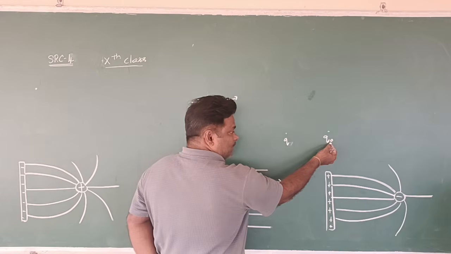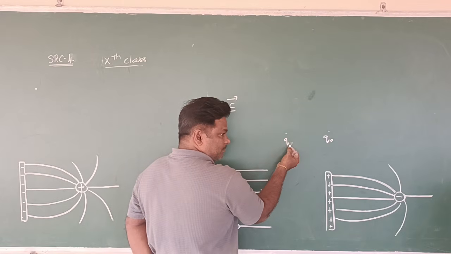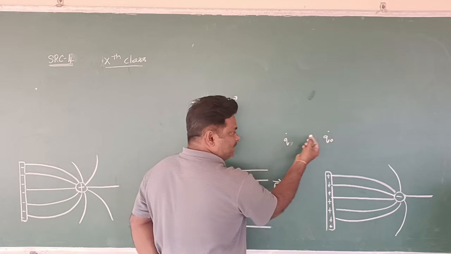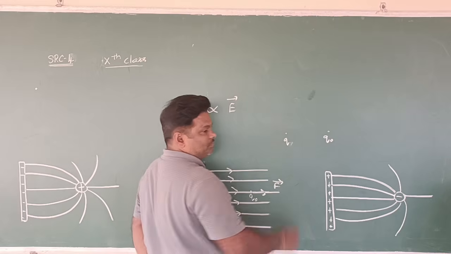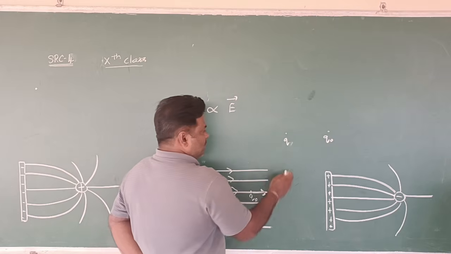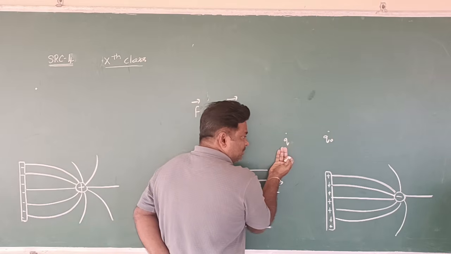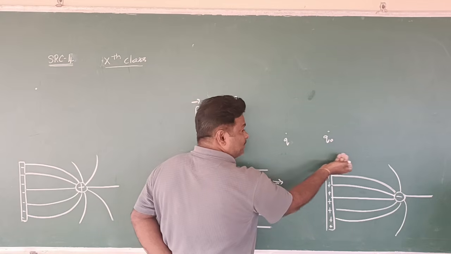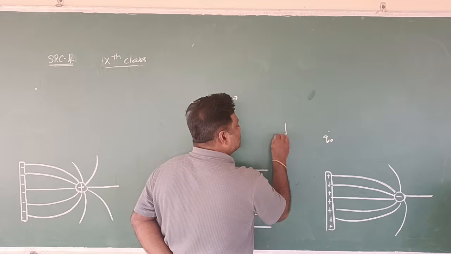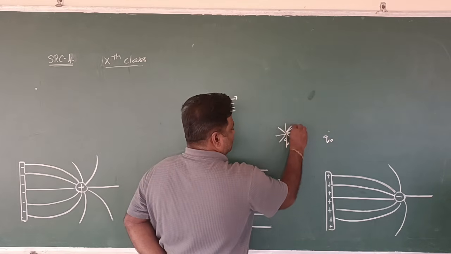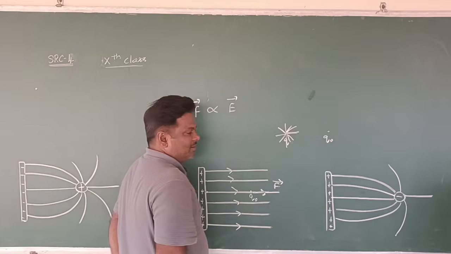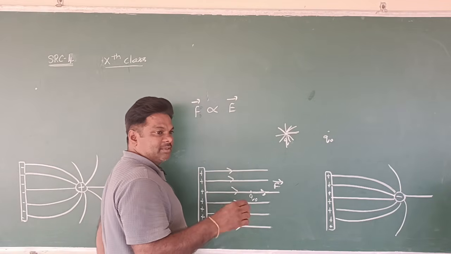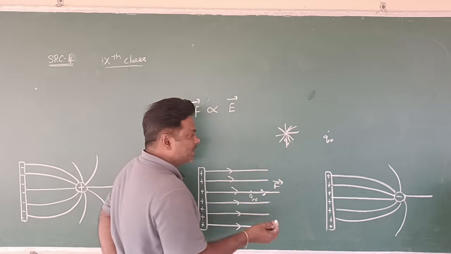Since it is placed in the field of this one, we need to consider the force experienced by Q0 due to Q. You can't say the force experienced by Q due to Q0. Why? Because Q0 is placed in the field of Q. So this is your headmaster, this is your master, and this is your test charge. While constructing your statement itself, you need to say it like this.